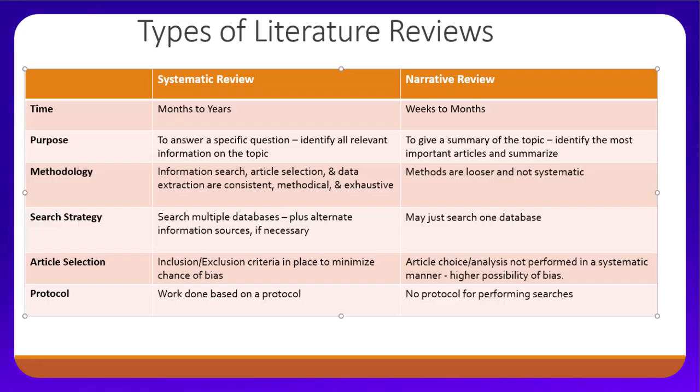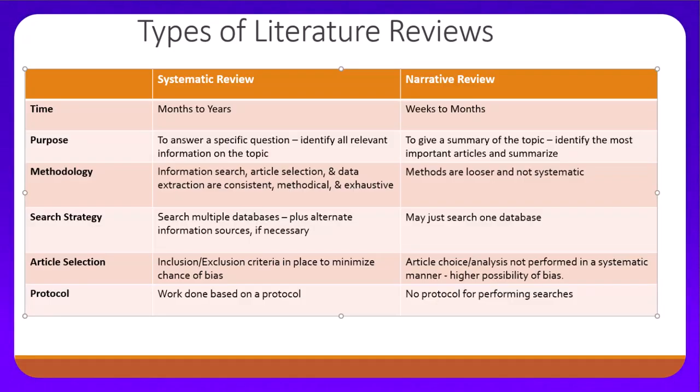The purpose of the two types of reviews is very different as well. For a systematic review, the purpose is to answer a specific research question, to ask that question and then identify all relevant information on the topic in order to come to a thorough answer. Whereas a narrative review is done to give a summary of a topic, to identify the most important articles and then summarize. The methodologies are also very different.